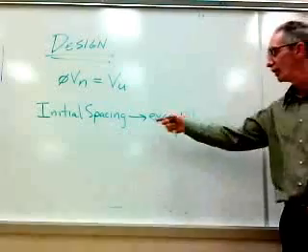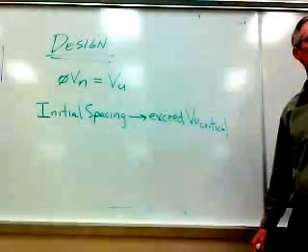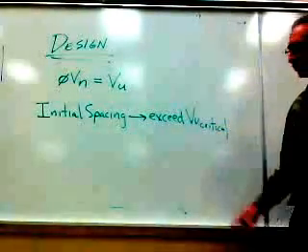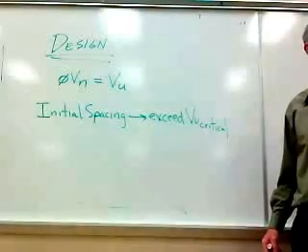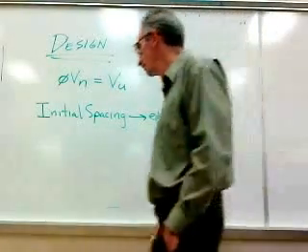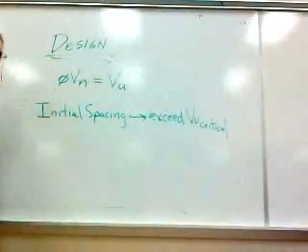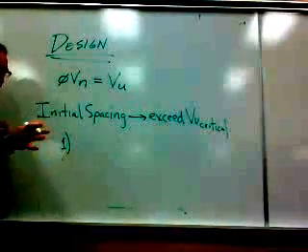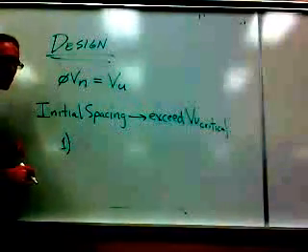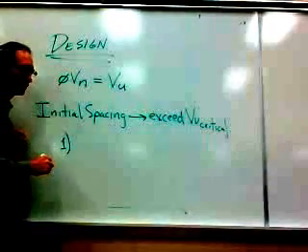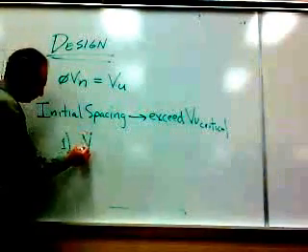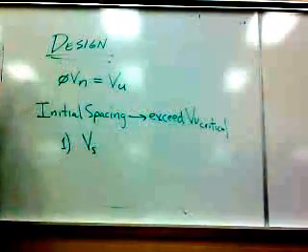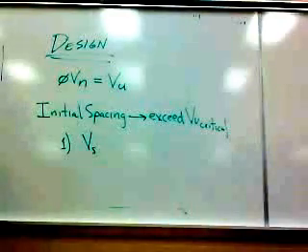All right? But the initial spacing, how would we calculate the initial spacing? Well, we've got to beat V_u critical, right? So it's really going to be a two-step process. The first step, and there are different ways you can do this, but this is the way I tell you to do it, would be to calculate the V_s that you need.